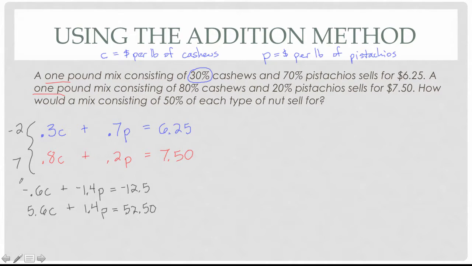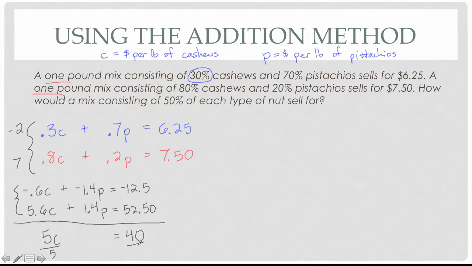All right, this is a nice system because when I add them together, my p's go to 0. I like that. So -0.6c plus 5.6c is going to give me just 5c. That goes to 0, and it's equal to, these add together nice too. Look, those add up to 40. So 5 times c equals 40.